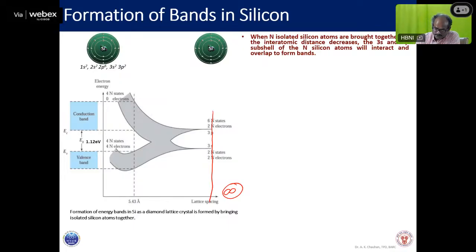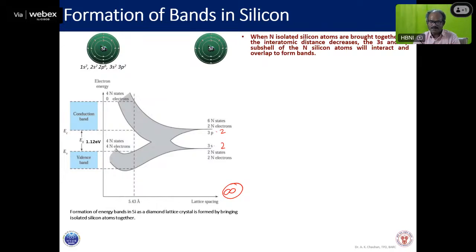So as we say, there were actually a 3s state and a 3p state. Talking about a single atom, 2 electrons were there in the 3s state and 2 electrons were there in the 3p state.